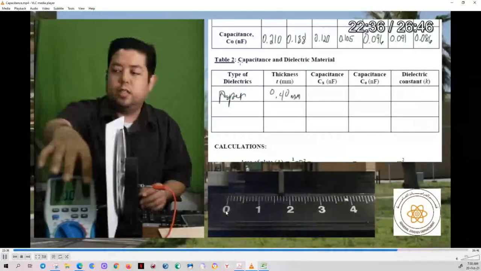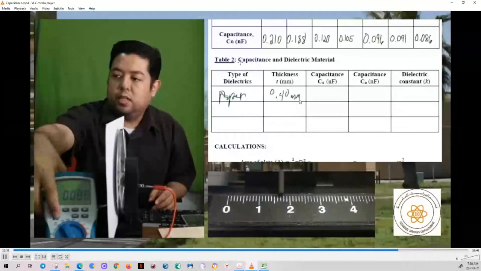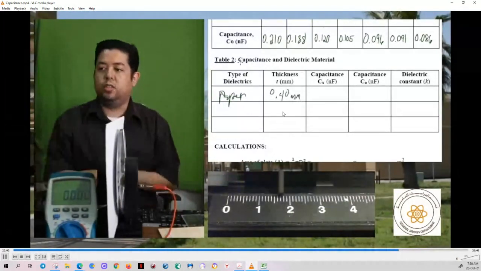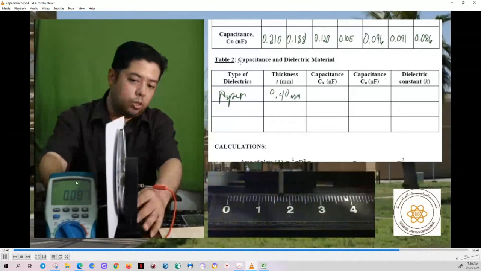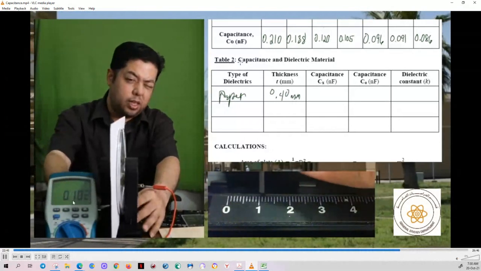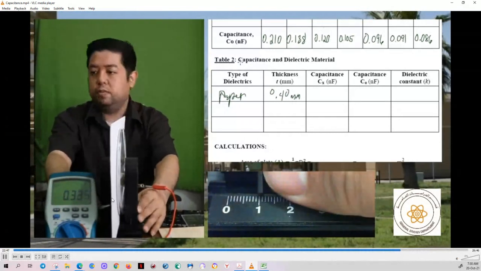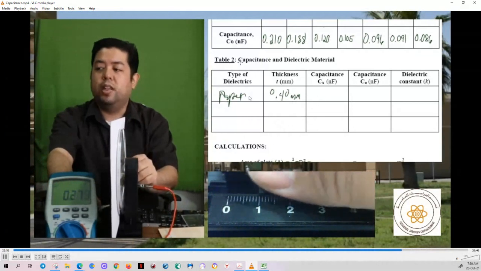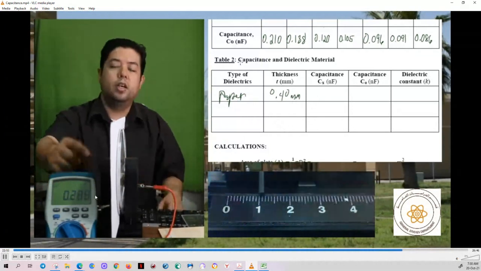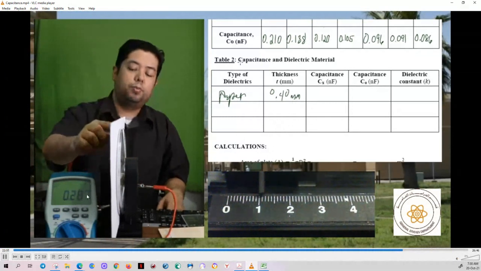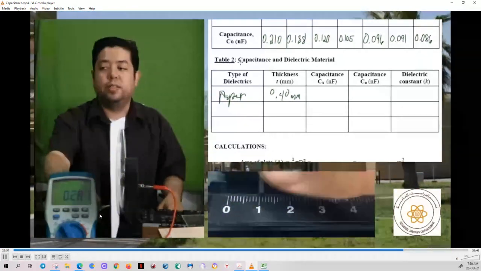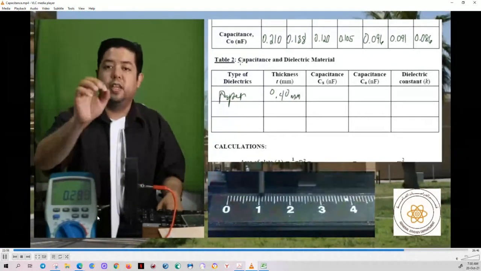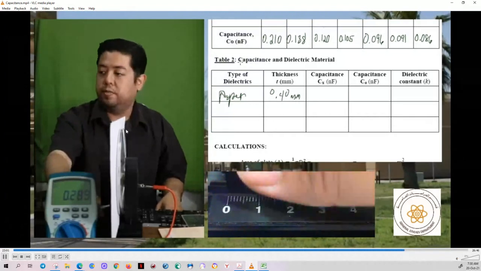In the video, you can see the capacitance there, how much it is. And when I remove the paper, I started with the paper, what's going to happen with the capacitance?